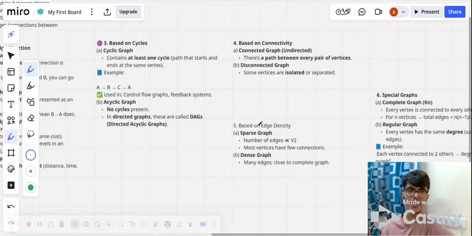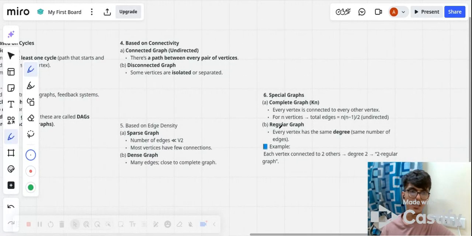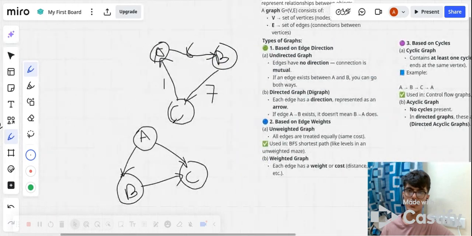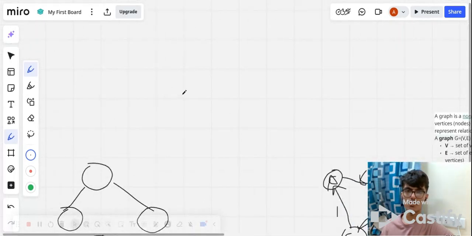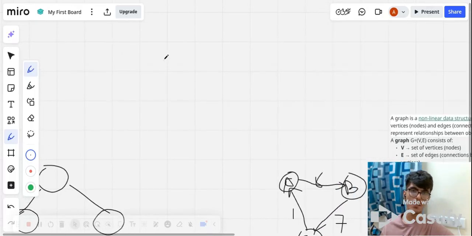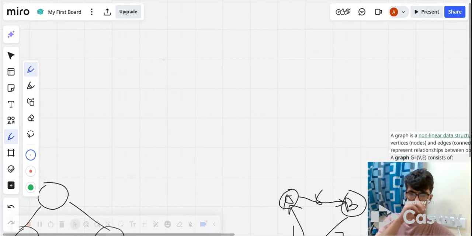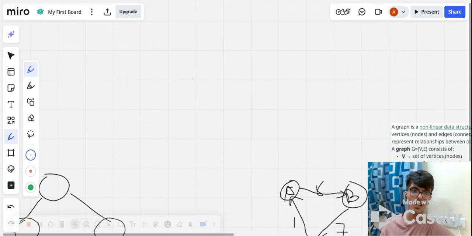We have two more types remaining, based on edge density. We have sparse graphs. Like we have learned about sparse matrices, where there are more zeros and fewer ones, similarly, if a graph has fewer edges compared to the number of vertices, that is what we call a sparse graph.